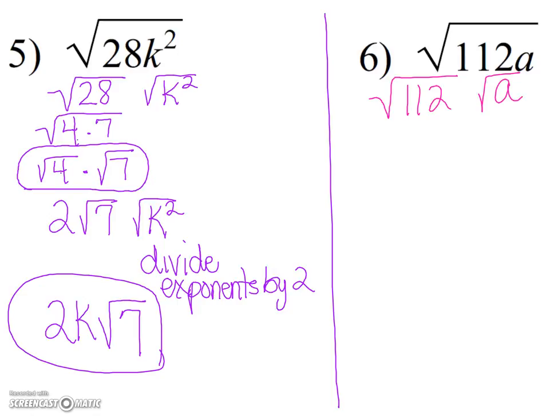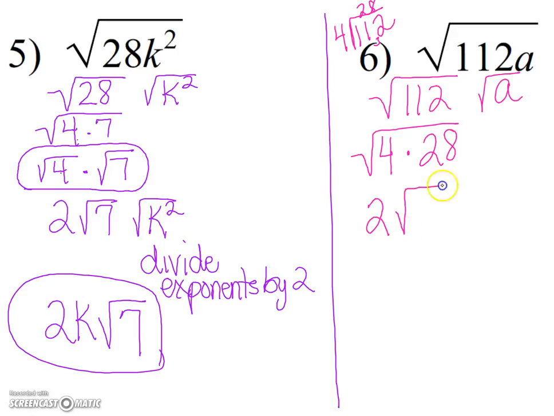But let's focus on this 112. We know that 112 is divisible by 4. So if we do 4 into 112, it's going to be 28. So we can rename this as 4 times 28. The square root of 4 is 2 square root 28.